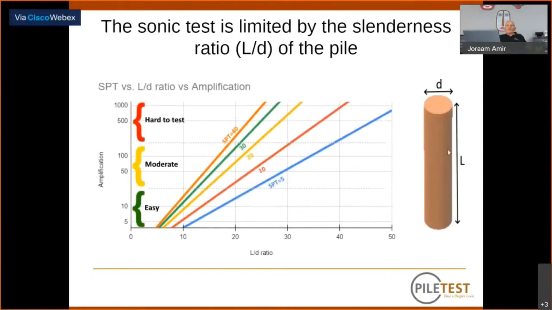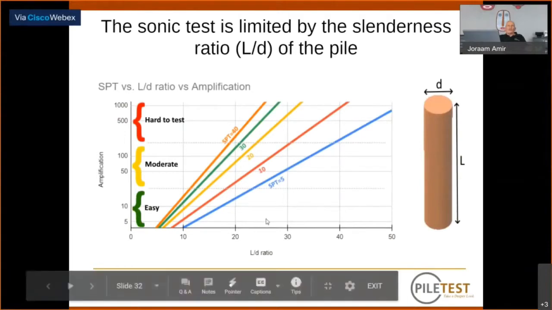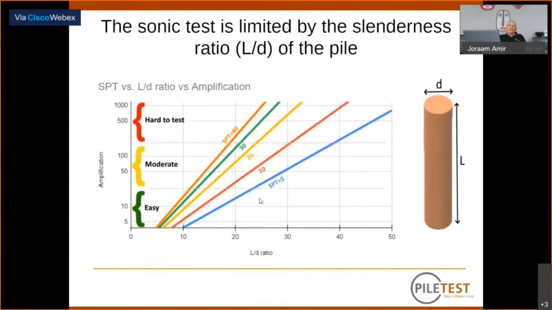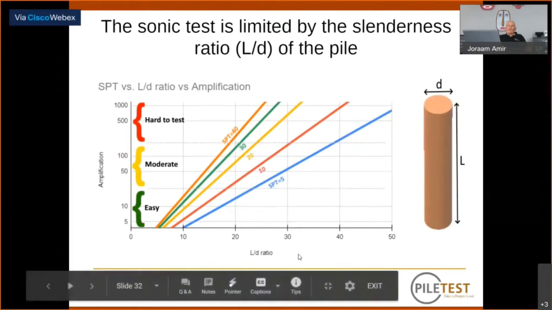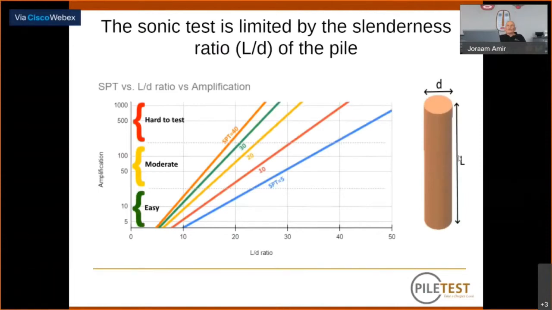The problem of the PET and all other instruments that operate on the same principle is that there is a limit to the depth to which it can penetrate. And the limit is determined by the slenderness ratio, L, the length of the pile, over the diameter.